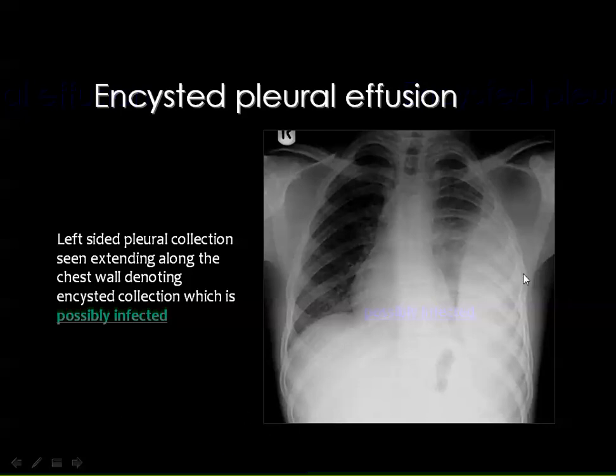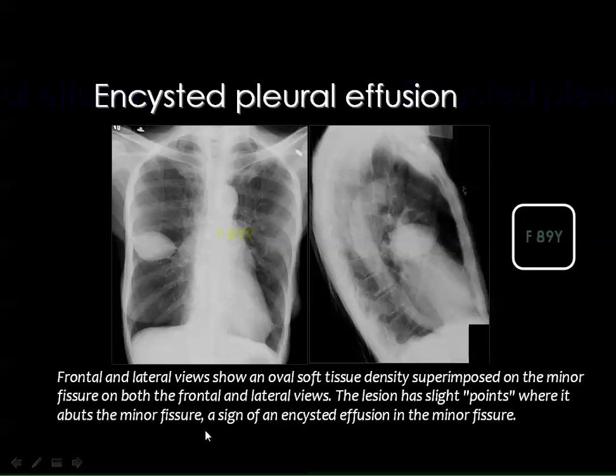Here is the chest X-ray of an adult, and you have an obliteration of the costophrenic angle and a convex inner margin with a lesion extending along the inner aspect of the chest wall, indicating that it is not of pulmonary origin, and this is an encysted pleural effusion. Whenever you diagnose an encysted pleural effusion in an adult, you should suspect it being possibly infected as well, except in this type of effusion, which is encysted effusion in the minor fissure.